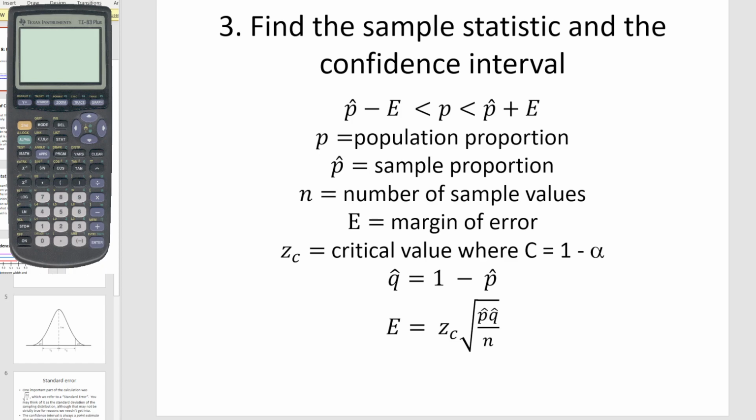Step 3 is find the sample statistic and the confidence interval. This is kind of a lot of information, and we're going to say what this is and then talk about some of this in a second.